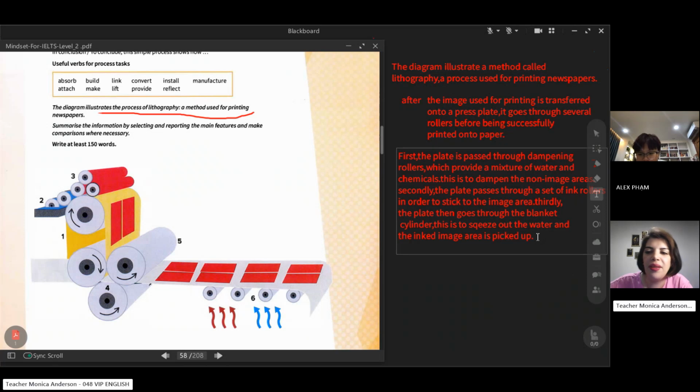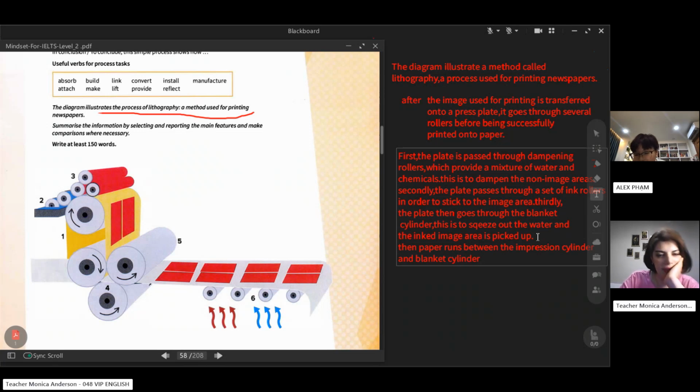So then the paper runs between the impression cylinder and blanket cylinder.